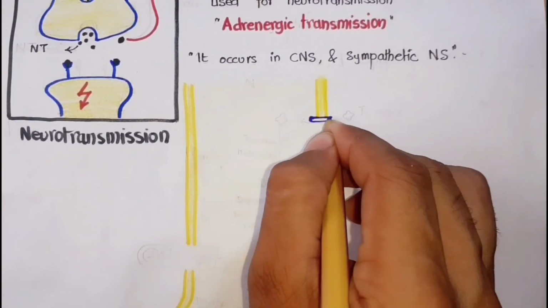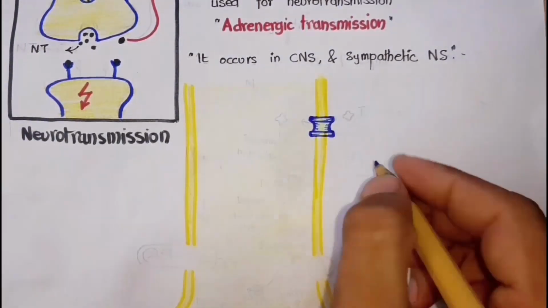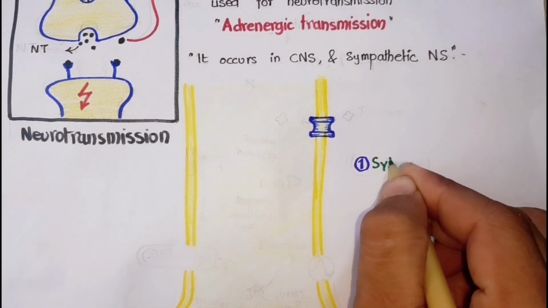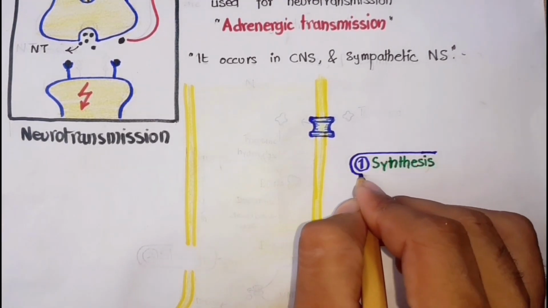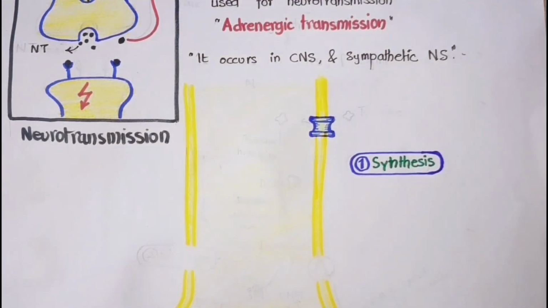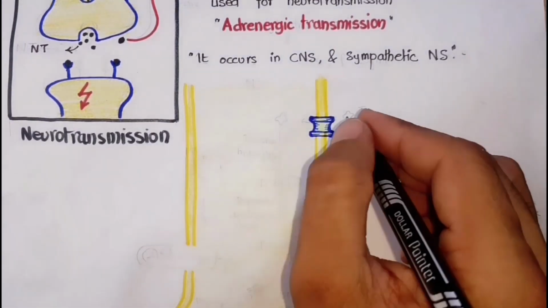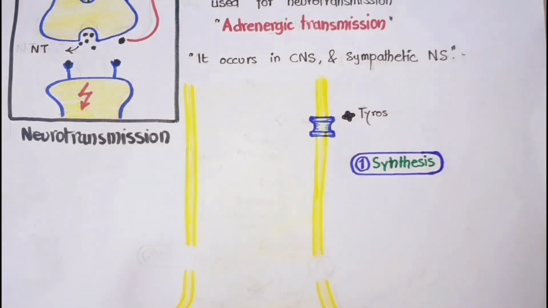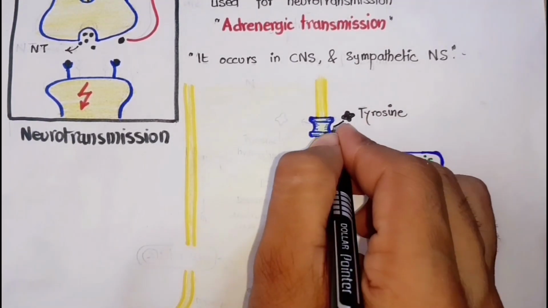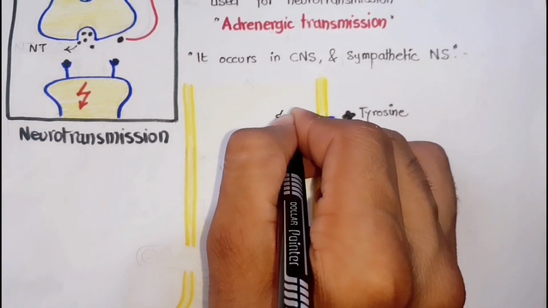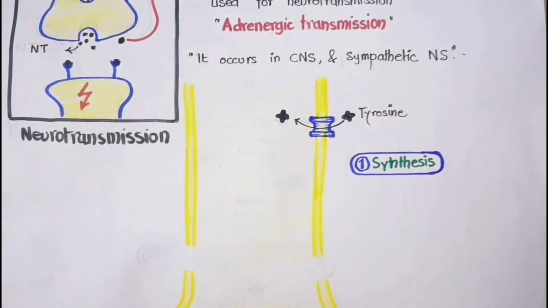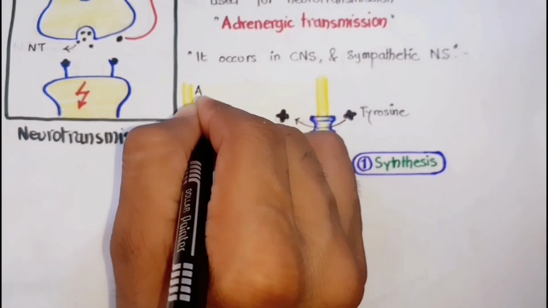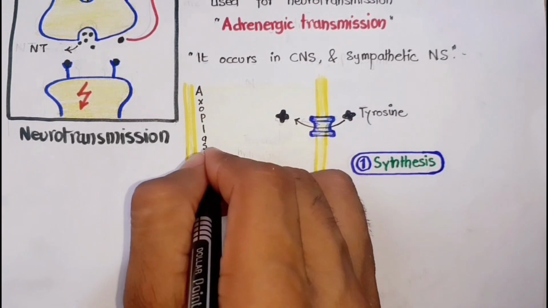The first step in noradrenergic neurotransmission is the synthesis of noradrenaline or norepinephrine. First of all, tyrosine, an amino acid, is transported into the cytoplasm or axoplasm of the adrenergic neuron.